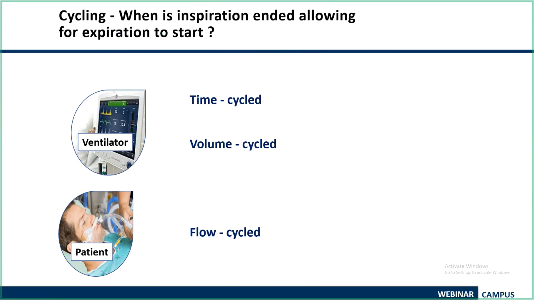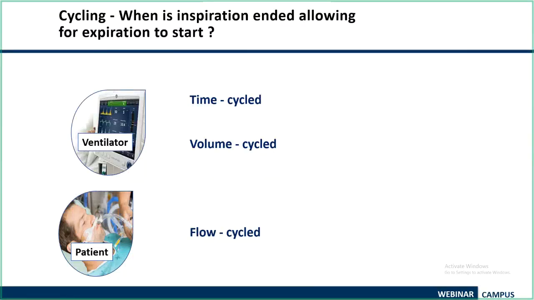So in that 6 seconds itself you have an option of I:E ratio. So how to divide between inspiration and expiration. If you keep an I:E ratio of 1:1, that means you will get an inspiratory time of 3 seconds and an expiratory time of 3 seconds. So after 3 seconds, the inspiration will cycle to the expiration.